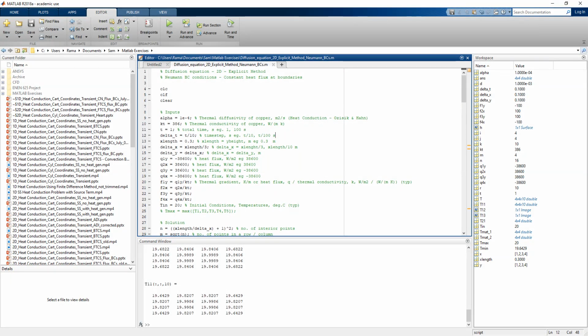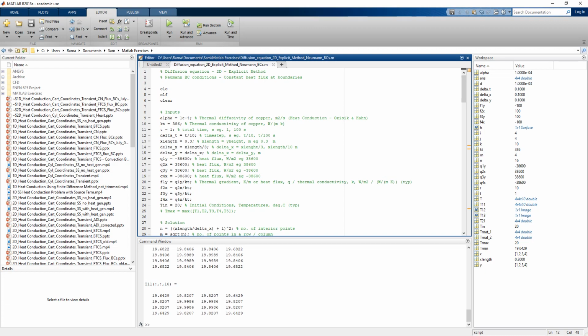All the various parameters for this 2D heat conduction problem with heat flux boundary conditions are given here. Alpha equals 1e to the negative 4. Thermal conductivity is represented as KT equals 386 watts per meter Kelvin. The total time is considered as 1 second, and delta T equals T over 10 equals 0.1 second. X length is 0.3, delta X equals X length over 3, which is equal to 0.1 meters.